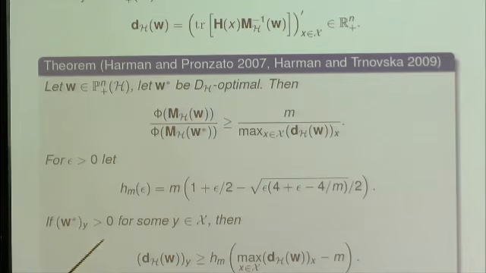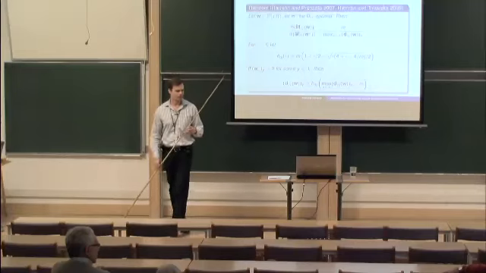Perhaps it's a little bit confusing, but simply, if this inequality is not satisfied for any given design W that we know, which does not need to be optimal, then we know that the optimal design must have the y-th component exactly 0. Okay?